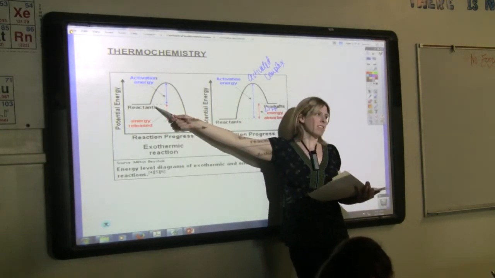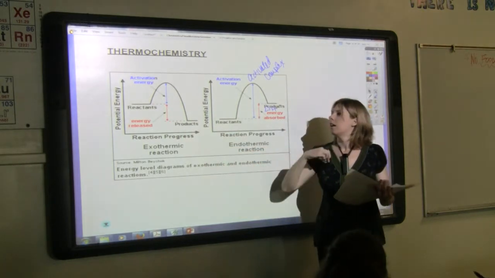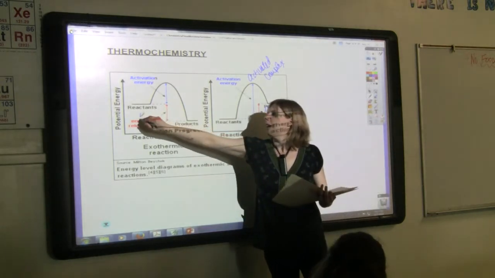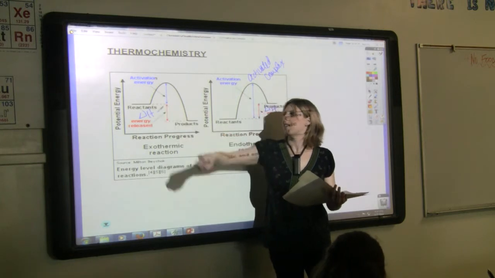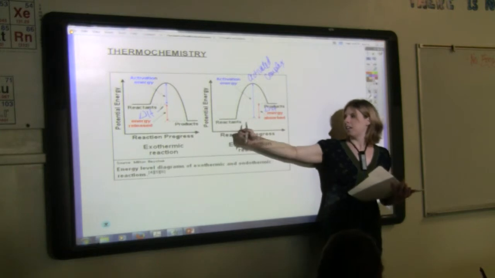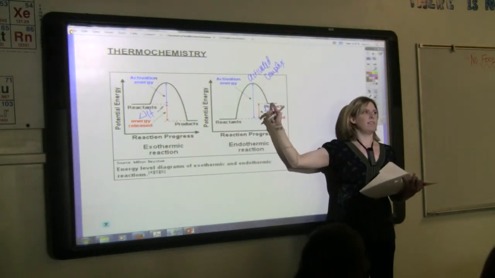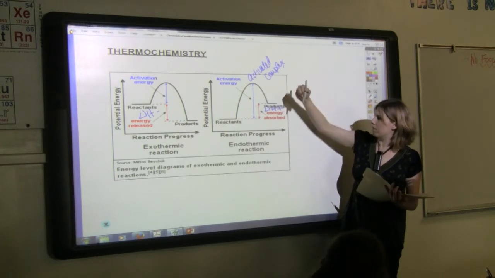Our reactants start higher than our products end, and we're going to have a delta H that's negative. And over here, the reactants start lower than where the products end up. So this is going to give us a positive delta H.